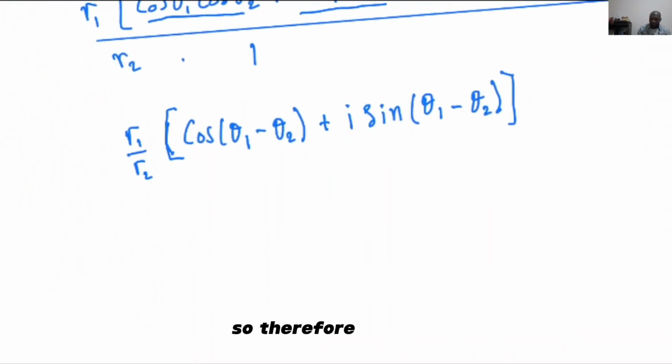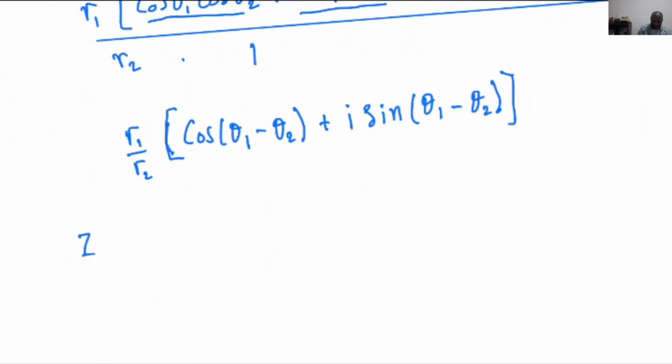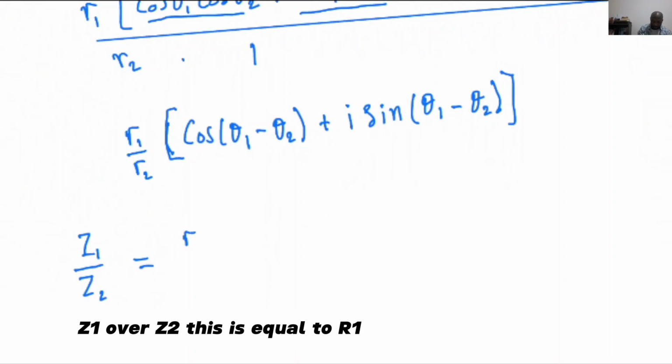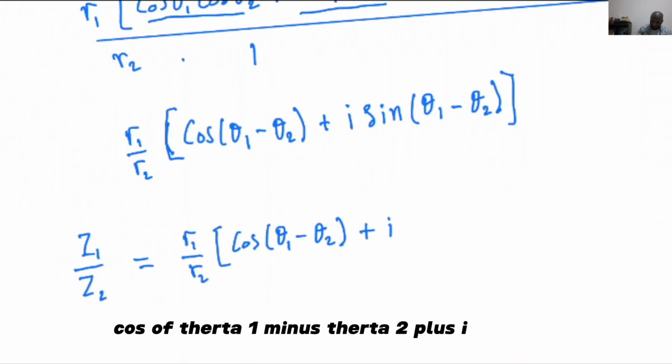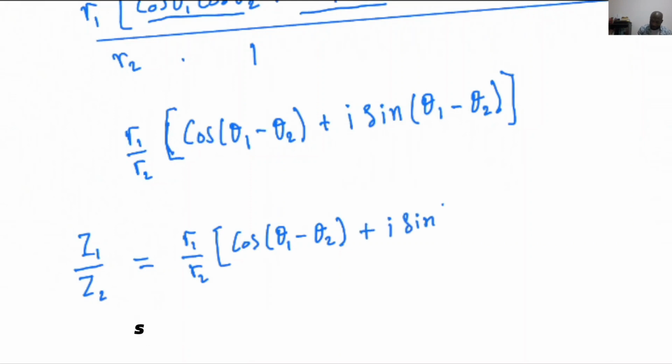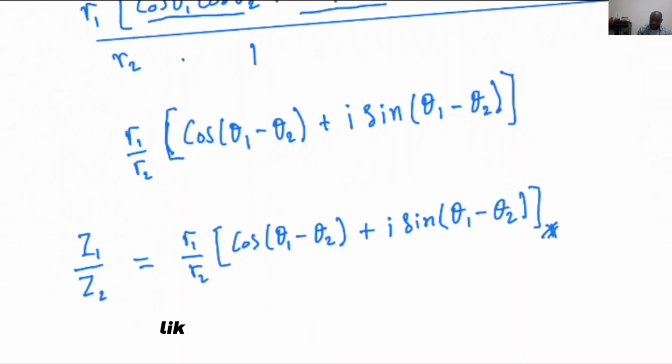So therefore, for the quotient of two complex numbers in polar form, z1 over z2 is equal to r1 over r2 into cos of theta 1 minus theta 2 plus i sine into theta 1 minus theta 2, like that.